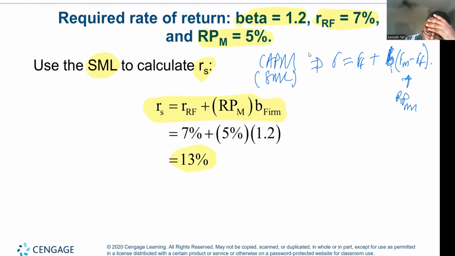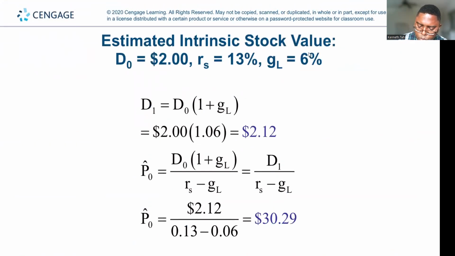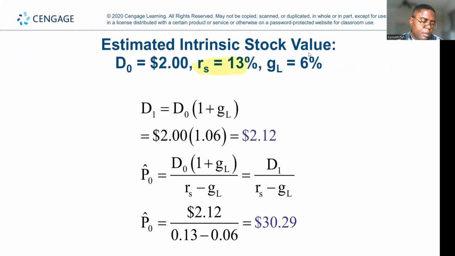Substituting, the risk-free rate is 7, market risk premium 5, the company's beta 1.2, which will give us a required return of 13%. So if that required return of 13% is given, or instead we have the beta coefficient, the risk-free rate and the market risk premium, then we can calculate the required return.